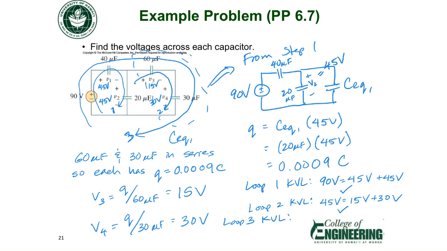What's that KVL? 90 equals 45 plus 15 plus 30. Okay, 90 volts voltage rise equals 45 volt voltage drop plus 15 volt voltage drop plus a 30 volt voltage drop. Okay, that's also true. So we can double check what we did here by making sure we're also satisfying KVL.